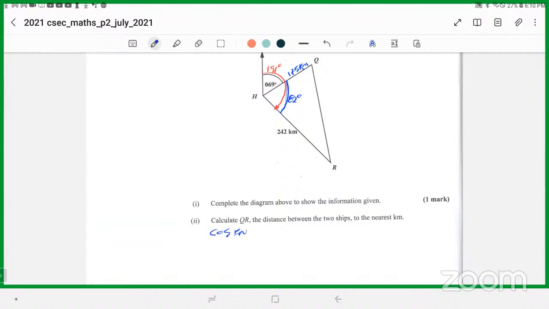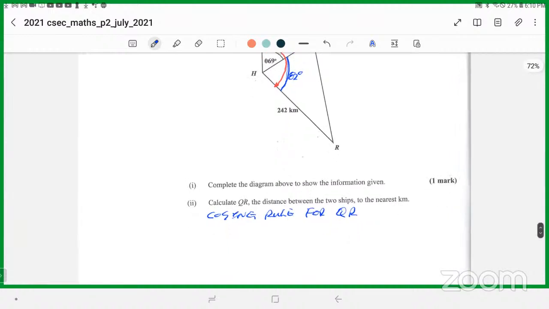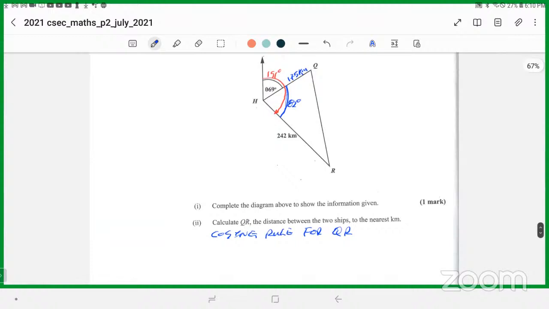Cosine rule for QR. Let me write it. Start like Pythagoras' theorem as usual. So it will be QR squared equals this side squared plus this side squared: 175 squared plus 242 squared. But it's not a right angle triangle, so you have to subtract a piece.